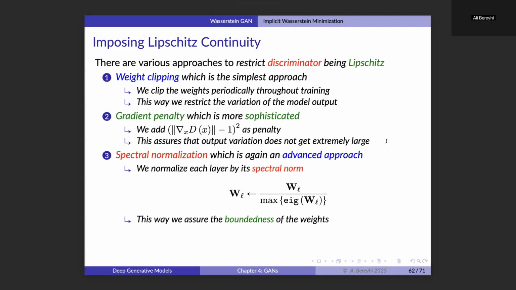And the last idea is what we call spectral normalization. Well, it's not really the last idea. There are a bunch of other approaches as well, but this is among the famous ones. Spectral normalization is eventually normalizing the linear layers, the weights, with the spectral norm of the layer.